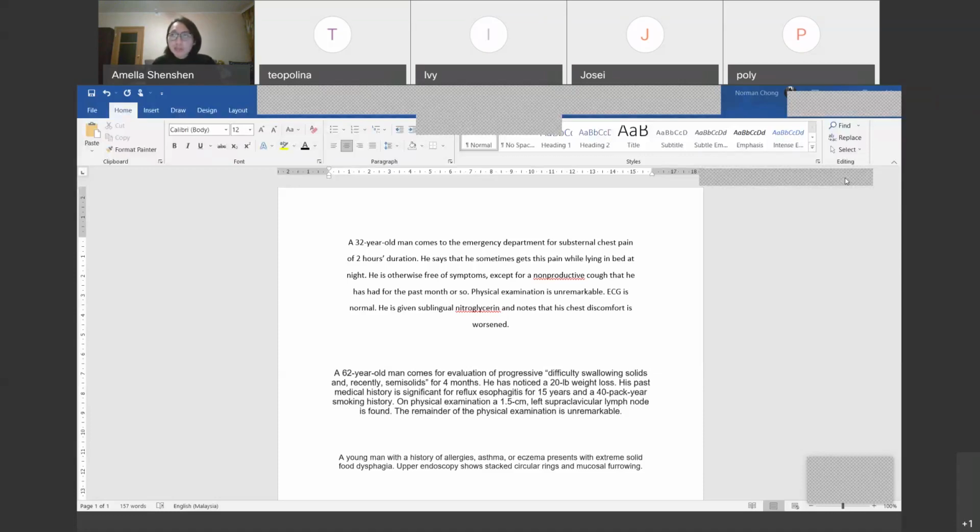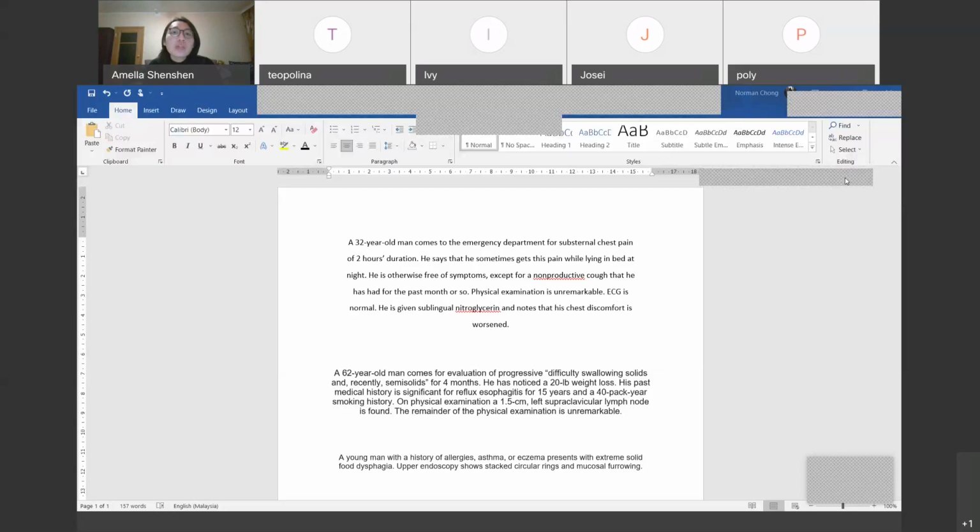Prinzmetal angina can happen even when you're sitting down. So why does it arise while the patient is lying in bed? That is something that we need to start thinking now. Is this a CVS problem, or is this a GIT problem? So this lying in bed thing is now pointing us towards a GI problem rather than a CVS problem, right?